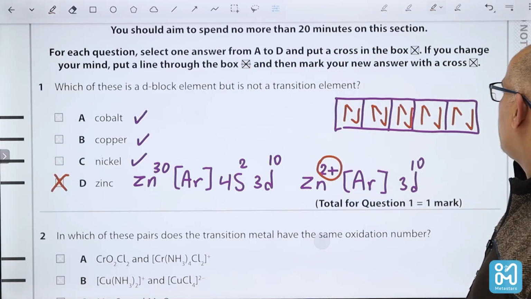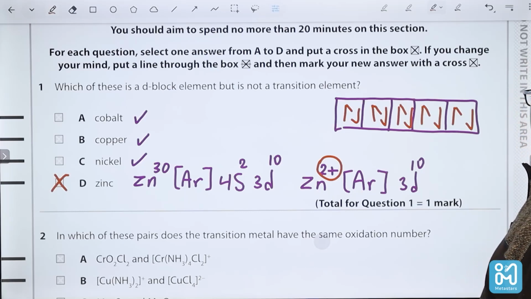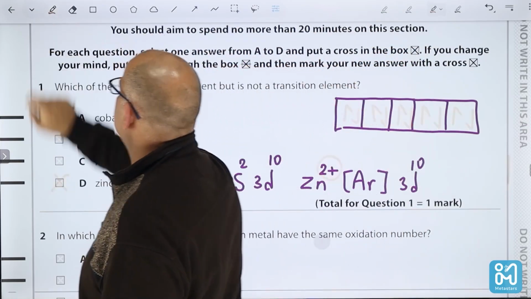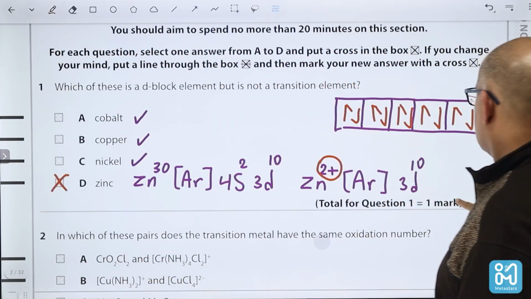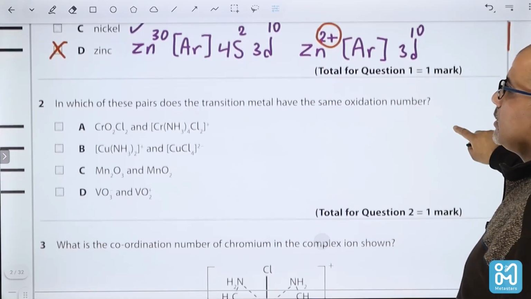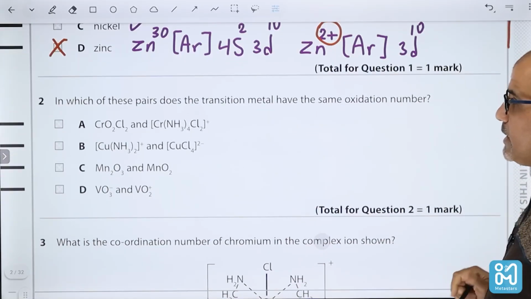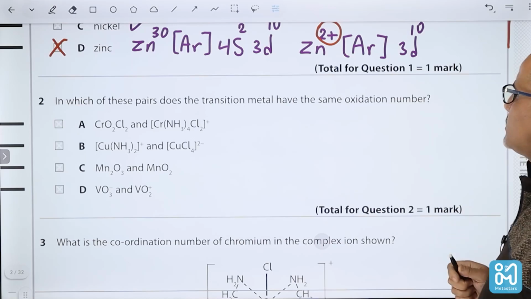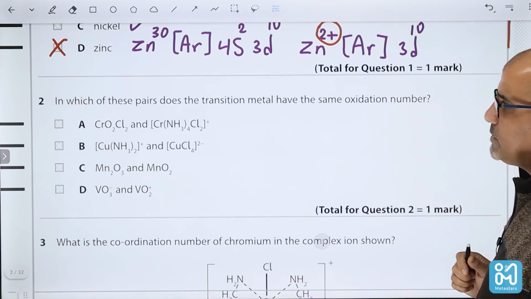Okay, now the next one. In which of these pairs do the transition metals have the same oxidation number?